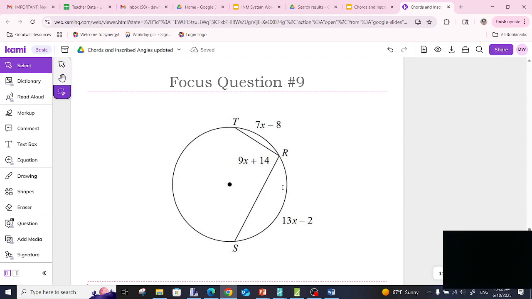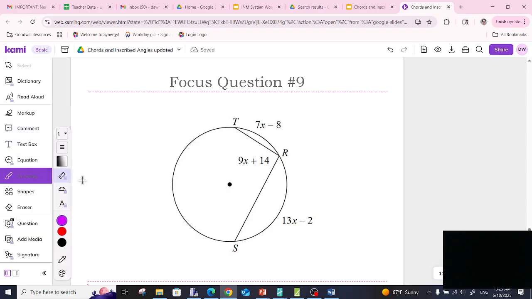Okay, so how would I do this? Any ideas? Well, what does a circle all equal? 360. So from here to here would be 9x. No, it's not. You don't have a diameter because it's not going through the center of the circle.